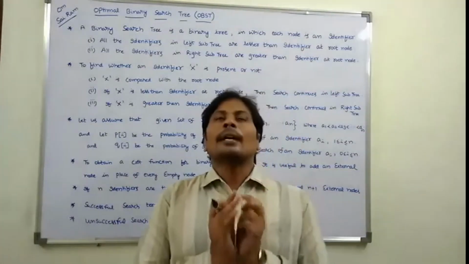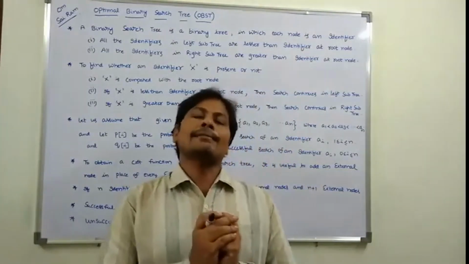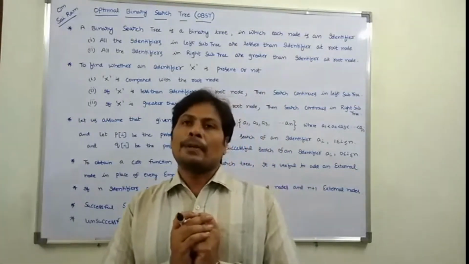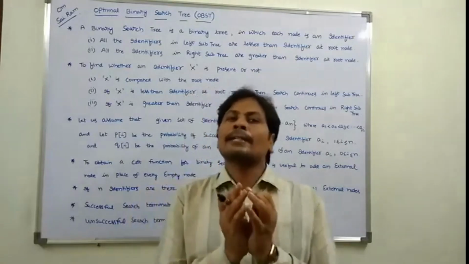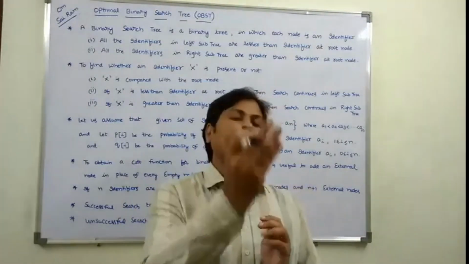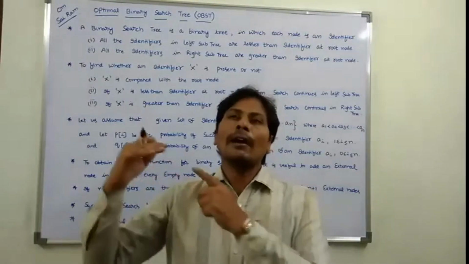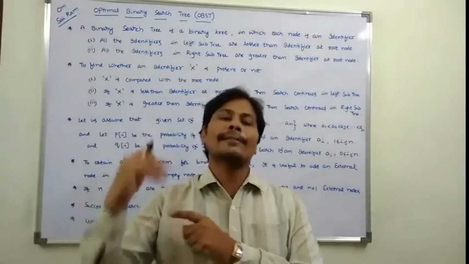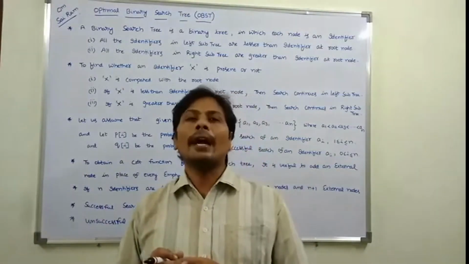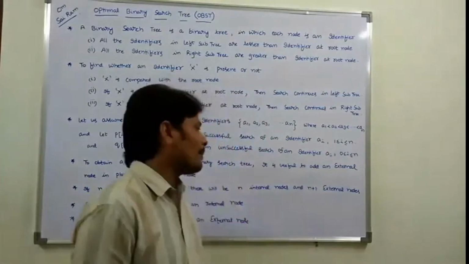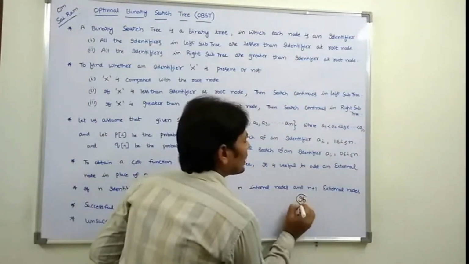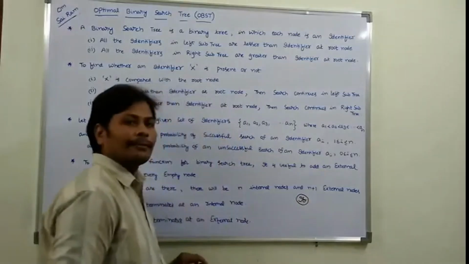In a binary search tree, we are storing identifiers. All the identifiers in the left subtree are less than the identifier at the root node. All the identifiers in the right subtree are greater than the identifier at the root node. For example, at the root node the identifier is if.